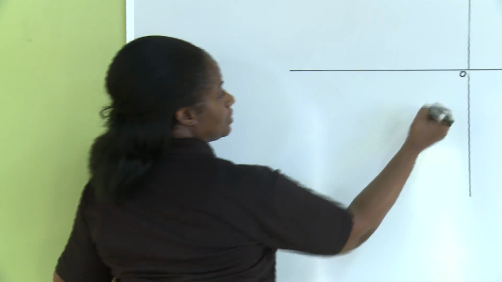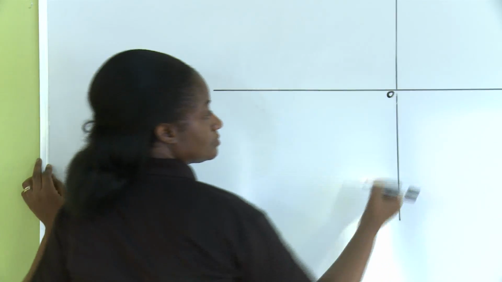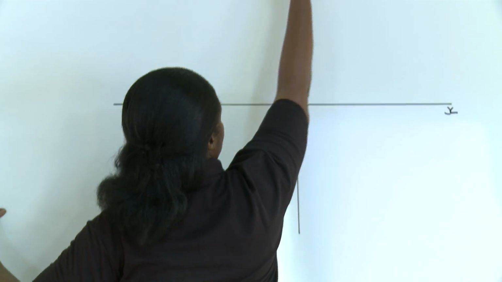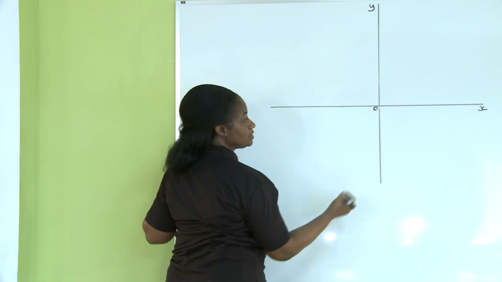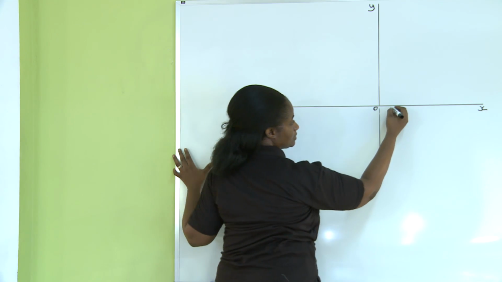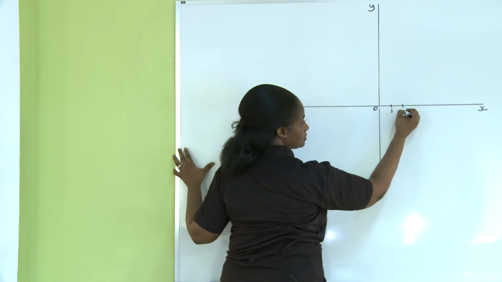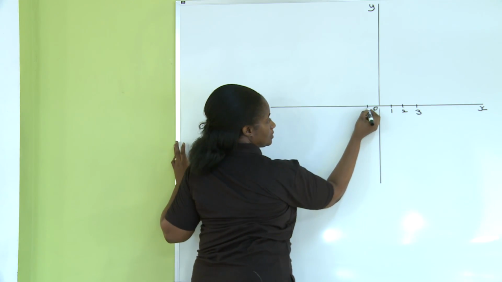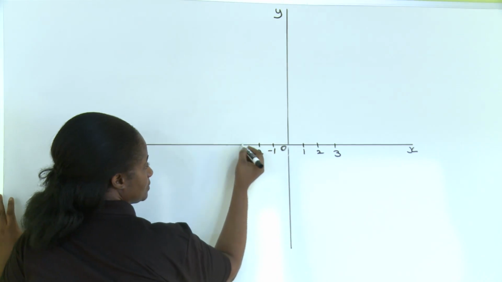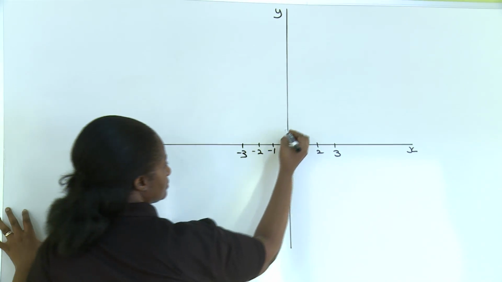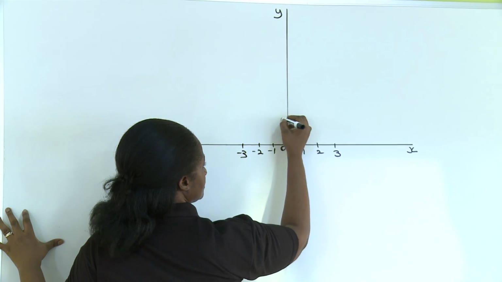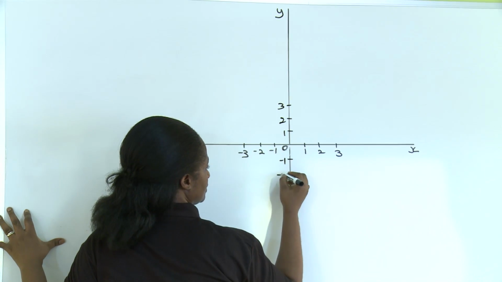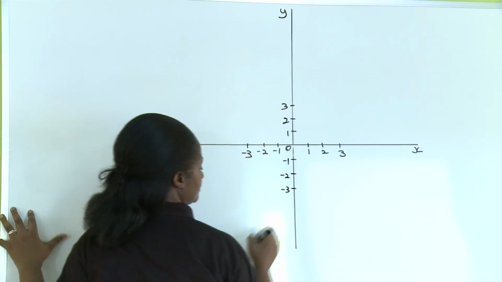So we are going to label our origin, our axes, the x-axis, the y-axis, and let us evenly calibrate our x-axis. 1, 2, 3, that's enough. -1, -2, -3. 1, 2, 3. -1, -2, -3.